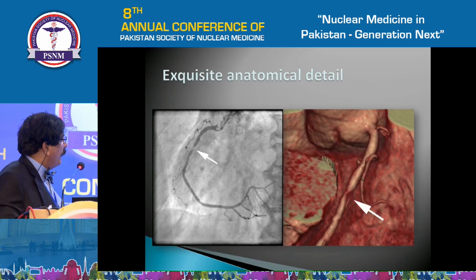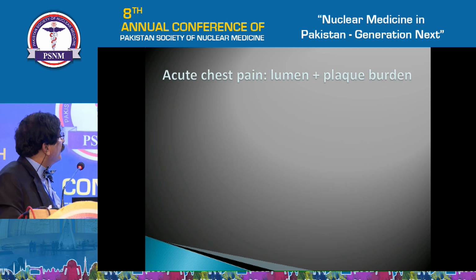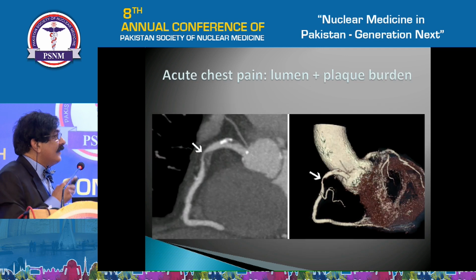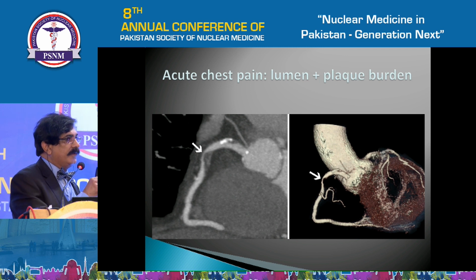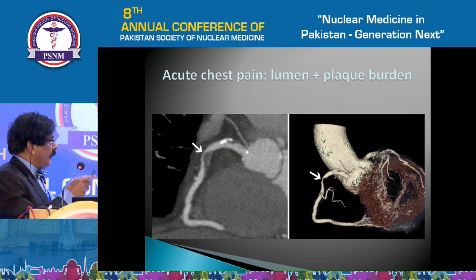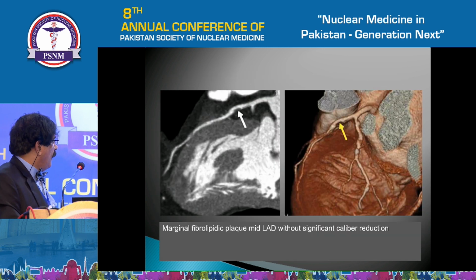So this is an example of normal coronary arteries, and you can see here the stenosis, and look at the beautiful resolution here. So it not only gives you the luminal narrowing, but it also gives you the plaque burden, which cannot be diagnosed through the conventional invasive angiography, and you can see it here.